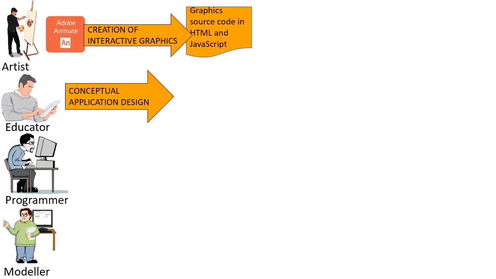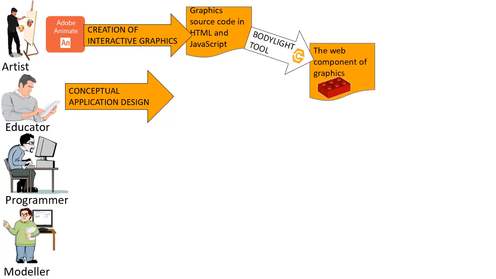The graphic artist creates interactive images and uses tools such as Adobe Animate to compile them into JavaScript and HTML. Then we use our BodyLight tools to create a standard web component.